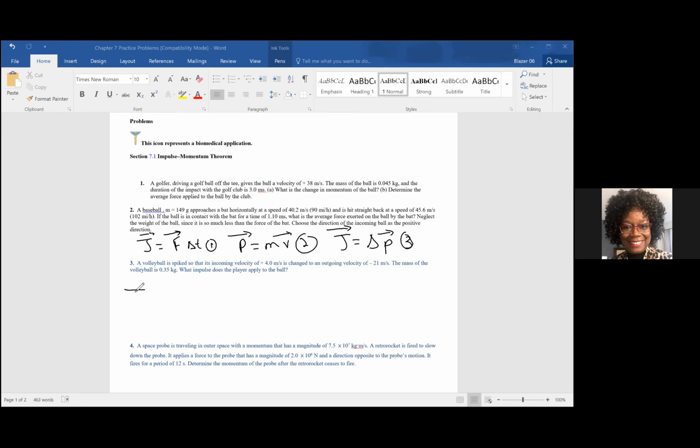You say the impulse is equal to the change in the momentum, which is the momentum final minus the momentum initial. The momentum is defined in equation 2: mass times velocity final minus mass times velocity initial. If I factor out the mass, I simply have velocity final minus velocity initial.